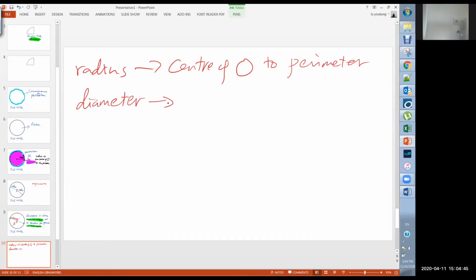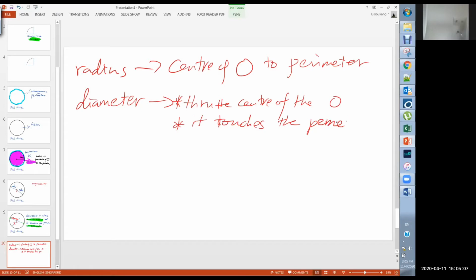It goes through the origin, or center of the circle, and touches both ends of the perimeter.